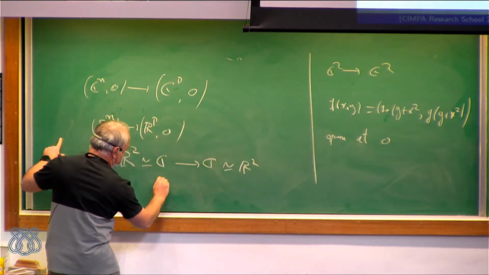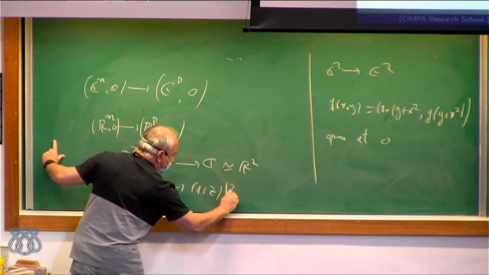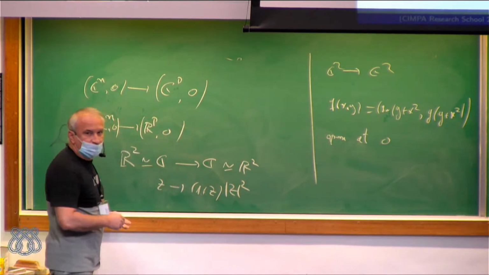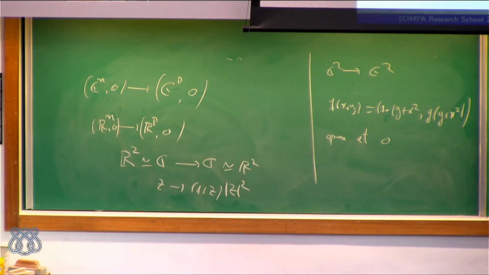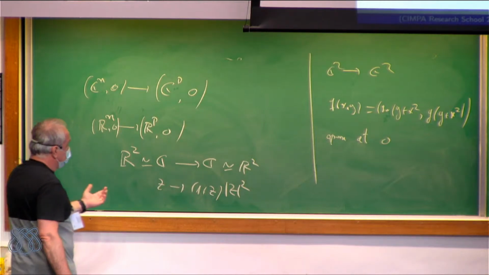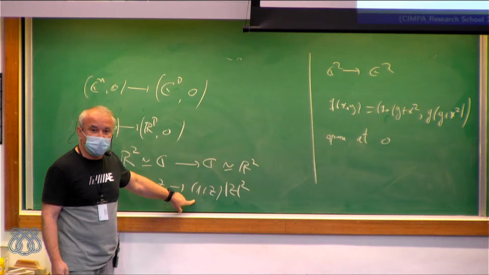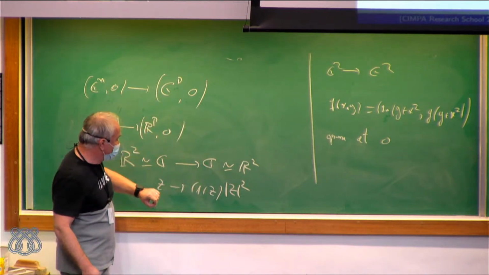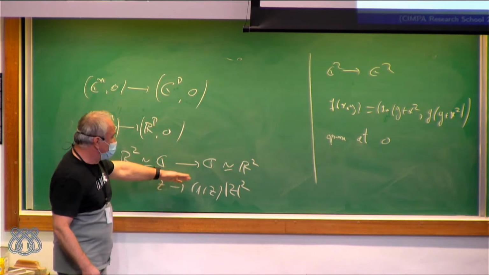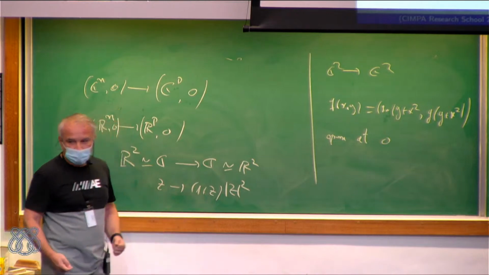And look at this map: z goes to (1 plus z) times modulus of z squared. This is a polynomial map. And it turns out, you could do the computations, that this is well defined as a germ at the origin. The image is well defined. And still, here the image is not analytic. Good.